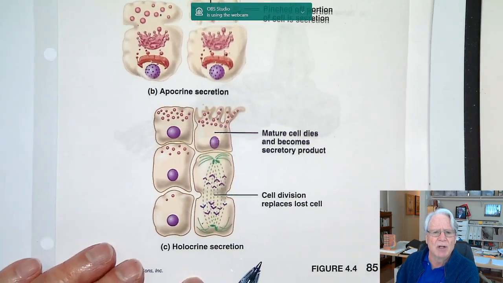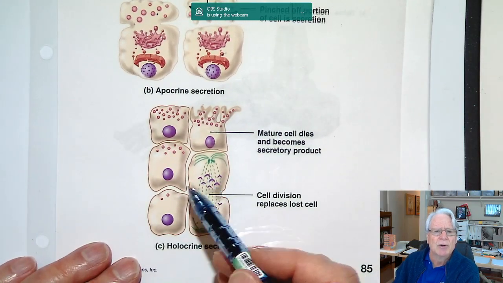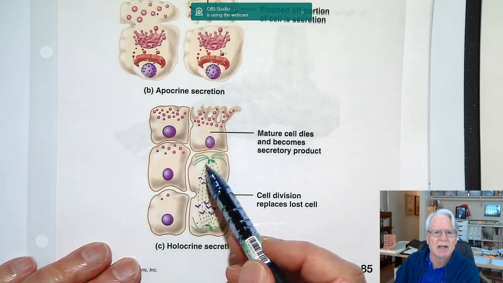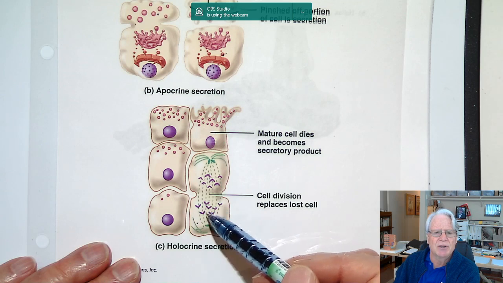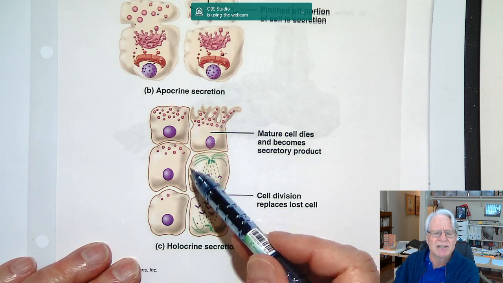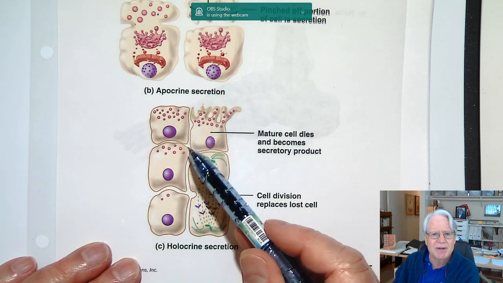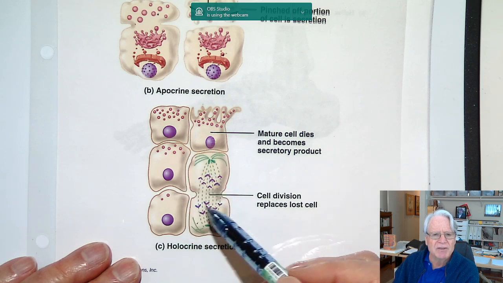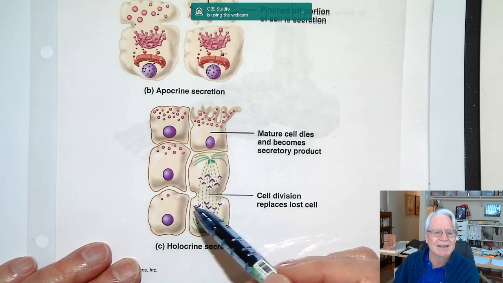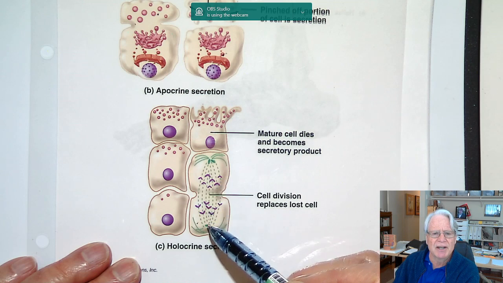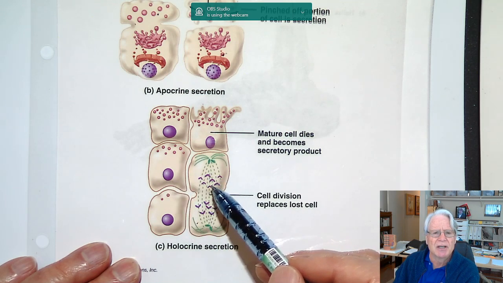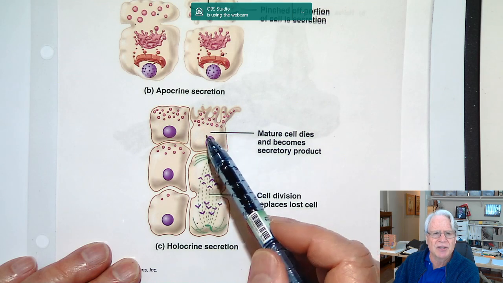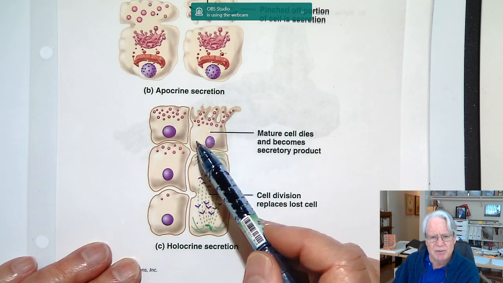Okay. And the final example is the holocrine. So here we're going to build something in a cell, and we're showing you here in this image that we have to go through cellular division, because if the entire cell is the product, we have to find a way to keep replacing these cells. And so we're going to get cell division, and the top daughter cell is going to be separated, and then it's going to collect whatever it is that's going to be manufactured.